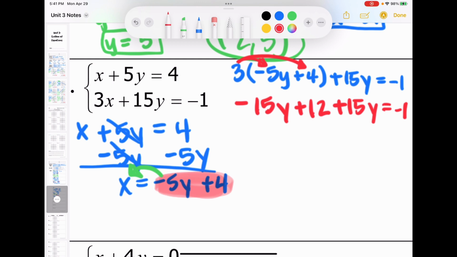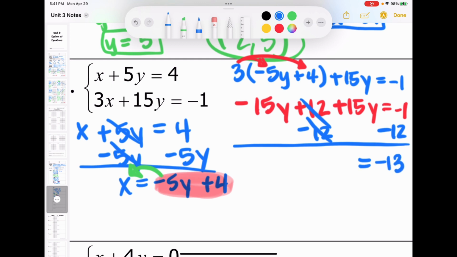All right, so now remember, we need to get all of our regular numbers to the right and all of our letters to the left. So I need to move this positive 12 to the other side. So I'm going to subtract 12 from both sides, which is going to give me negative 13. And then I can combine negative 15y and positive 15y. And when you do that, you actually get 0.